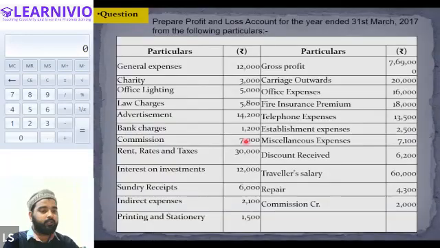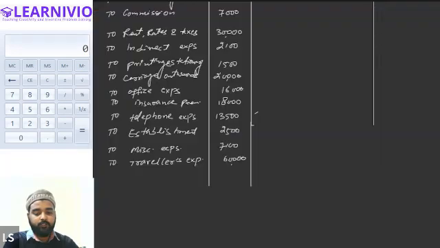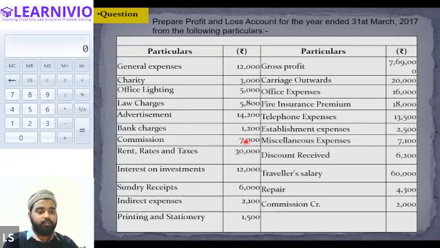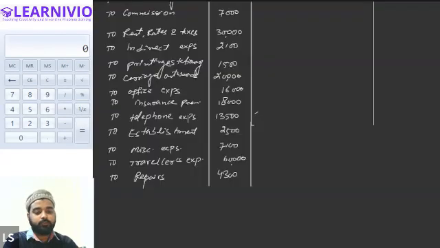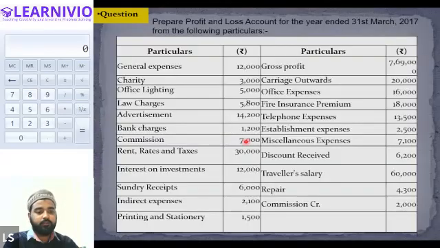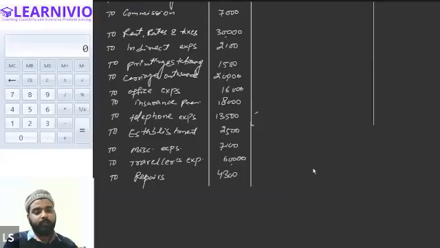So this question is a little lengthy. Repairs 4,300. Again, it is an expense. So to repairs 4,300. And finally, the last item is commission credited 2,000. Credited commission basically means commission received. So it will be income on the credit side. Yes. So by commission received.